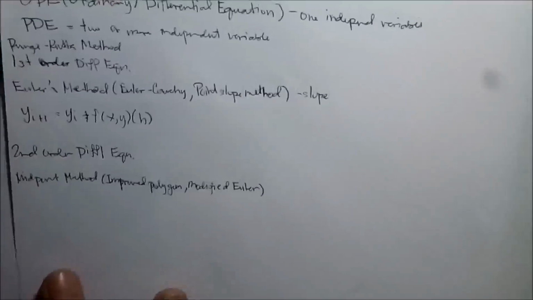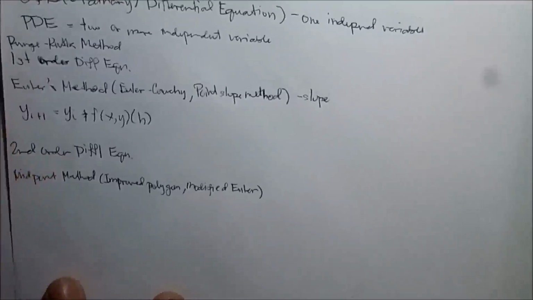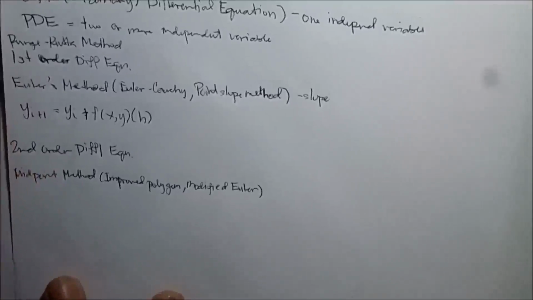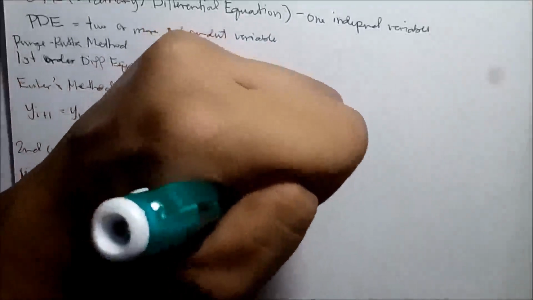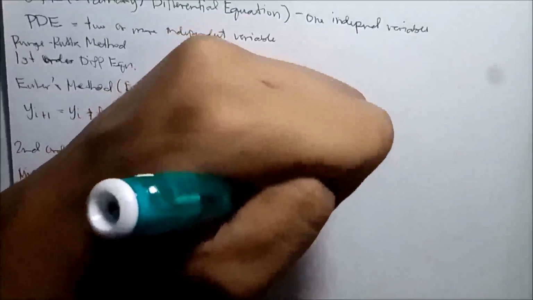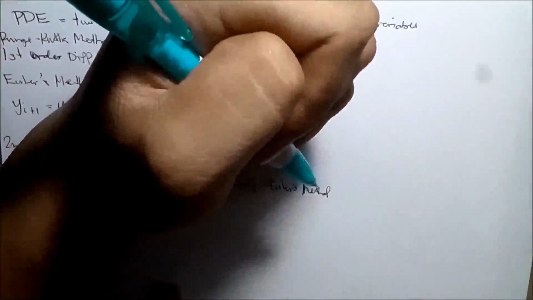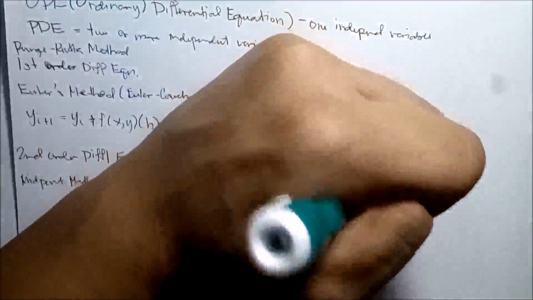Next is the second order differential equation, midpoint method. The midpoint method also uses the Euler's method to predict a value of y at the midpoint of the interval.